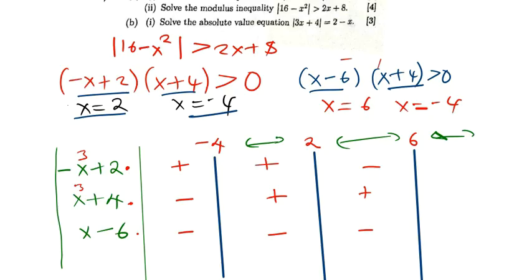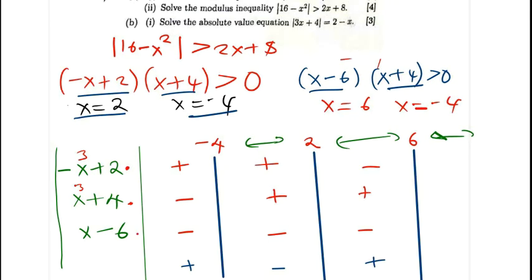So for the first part, positive, negative, negative, right? So if you multiply them, what is the result? So that's a positive result. For the middle part, positive times positive, positive, negative, negative, positive, positive, that's also a positive result.